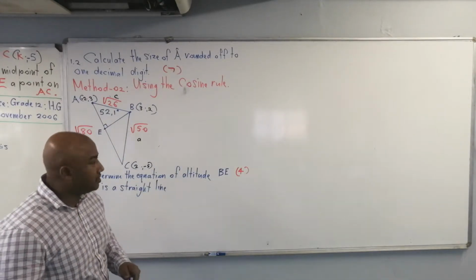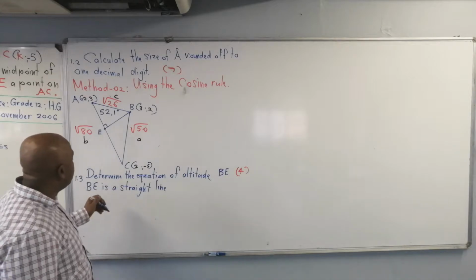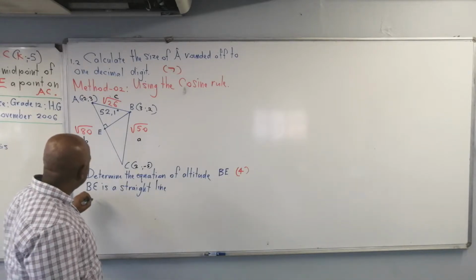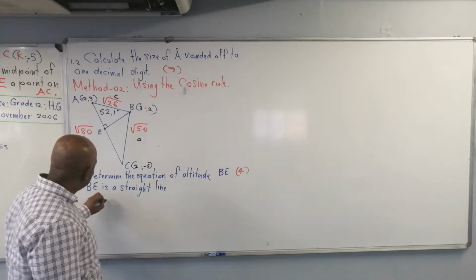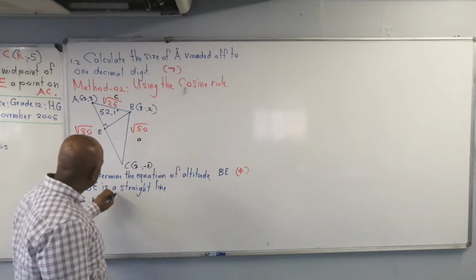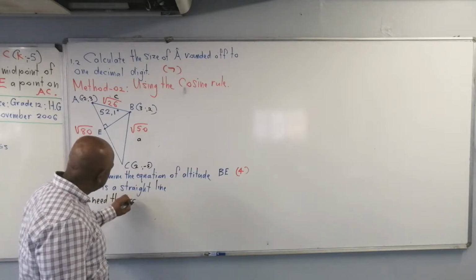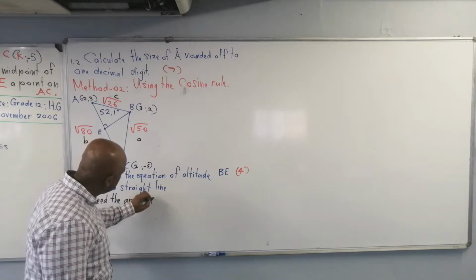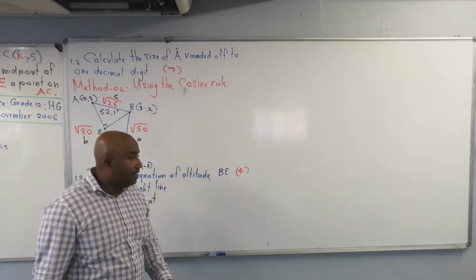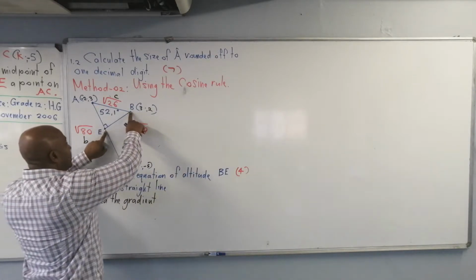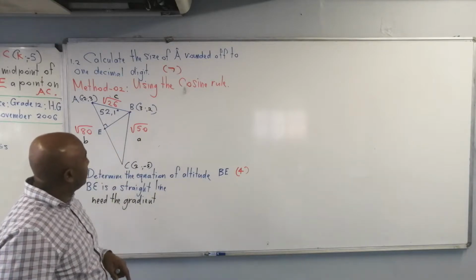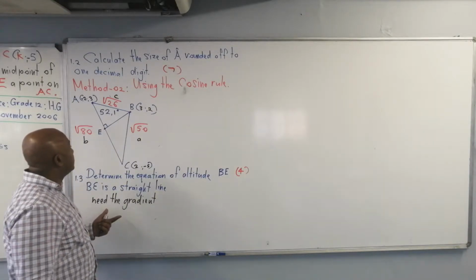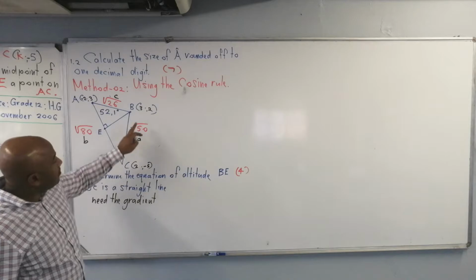What do we need in order to determine an equation? We need the gradient. So, what is the gradient of BE? Can we work out the gradient?